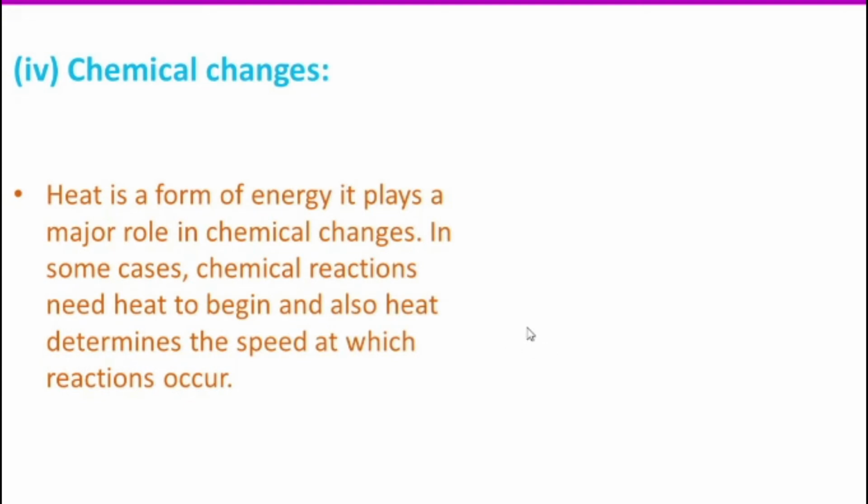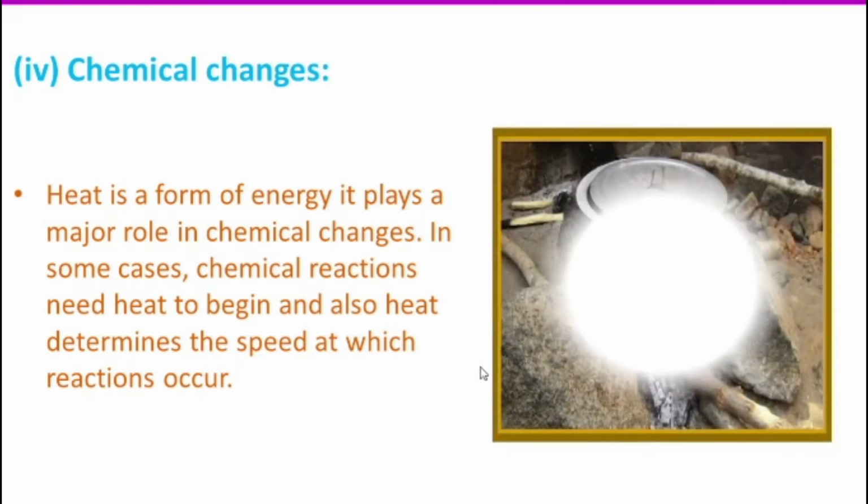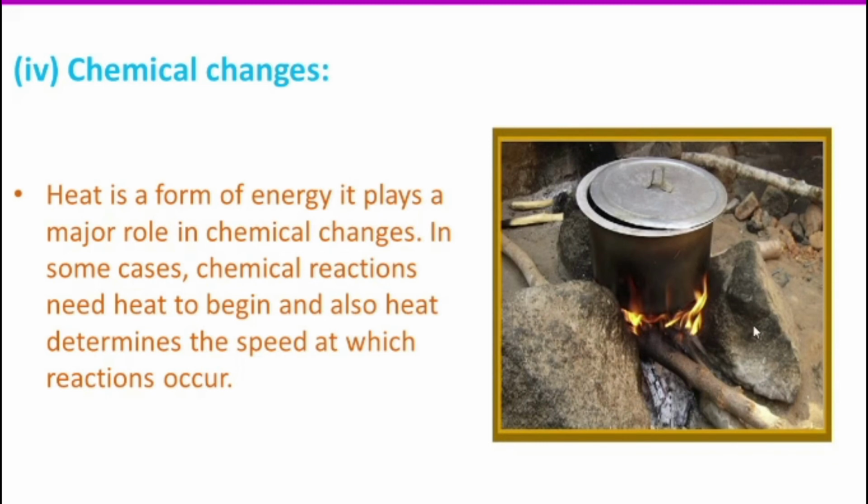In some cases, chemical reactions need heat to begin, and heat also determines the speed at which reactions occur. See the diagram. When we cook food, we light the wood and it catches fire, and the food particles become soft because of the heat energy. So these are all chemical changes that take place due to heat.